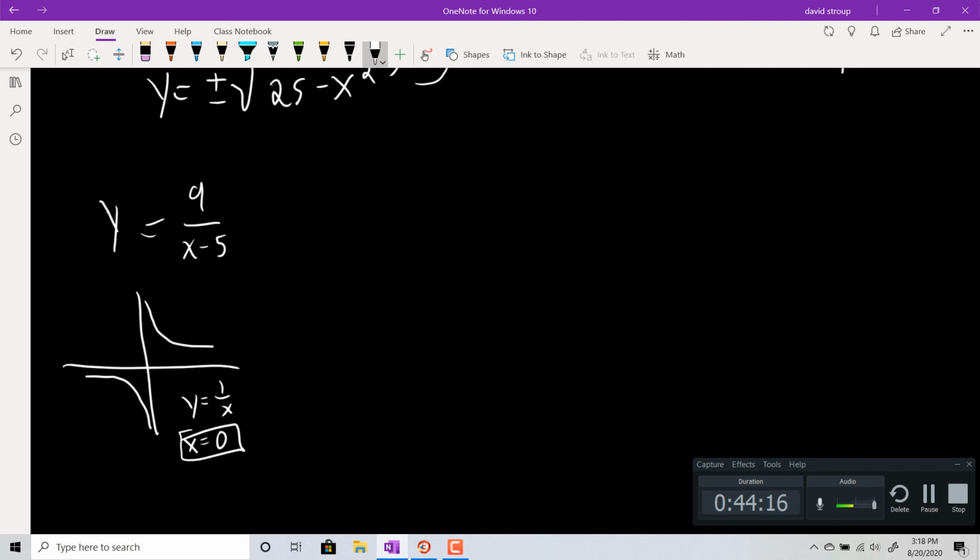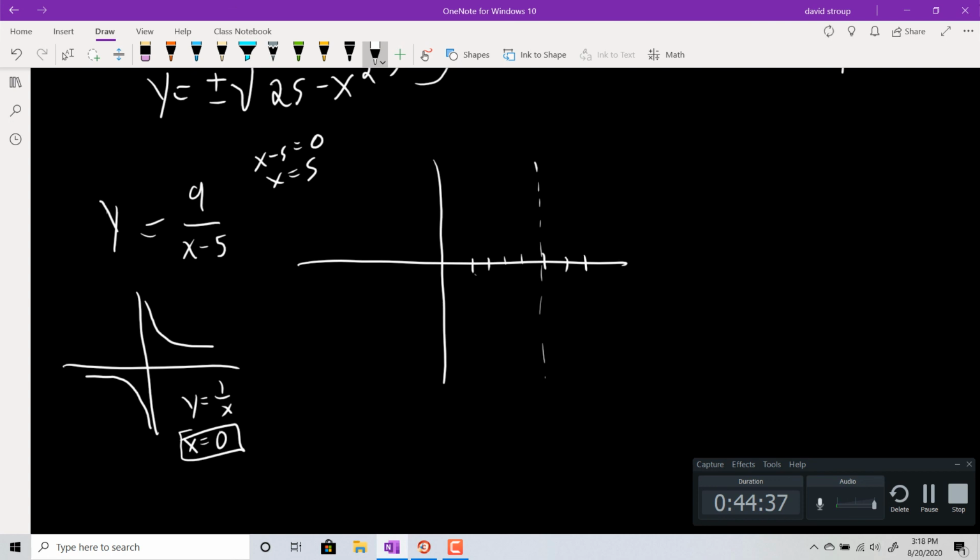asymptote. So you can think of this in two ways. You can think of it as a stretched version of this, and it's been shifted over by 5, right? Or you can think, well, the asymptote is going to be at 5, because if I write x minus 5 and find where that's equal to 0, it'll be x equals 5. Honestly, multiplying it by 9 isn't going to change the shape too much.